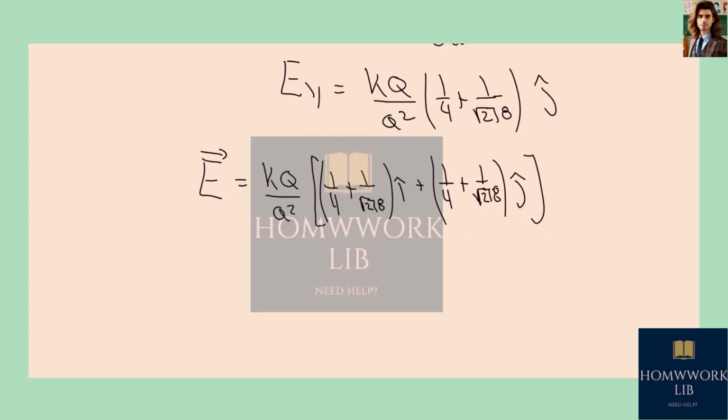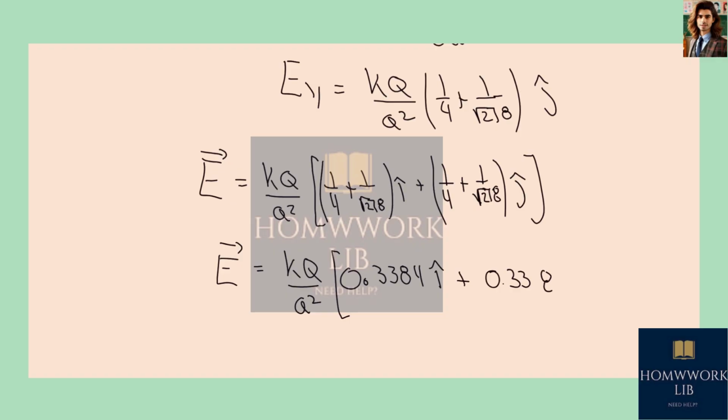Or if you want to use the numbers, the electric field would be kQ divided by a squared and 0.338 if you want on i, plus 0.3384 on j. And never forget the units, newtons per coulomb.